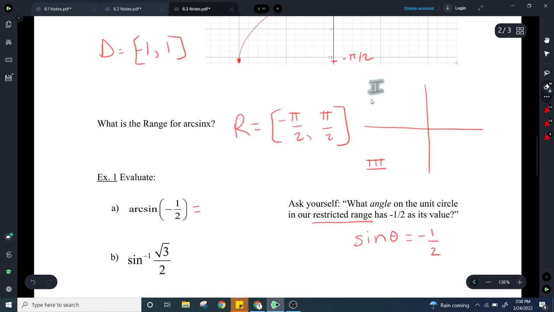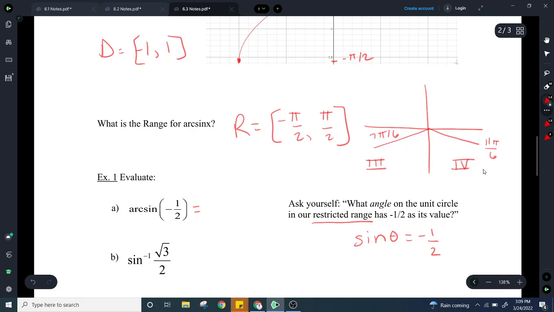Sine would be negative in quadrants 3 and 4. My bad, I was thinking of cosine. So sine would equal 1/2 at those pi/6 locations, and sine would equal -1/2, for example, at 7 pi/6 and then again at 11 pi/6.